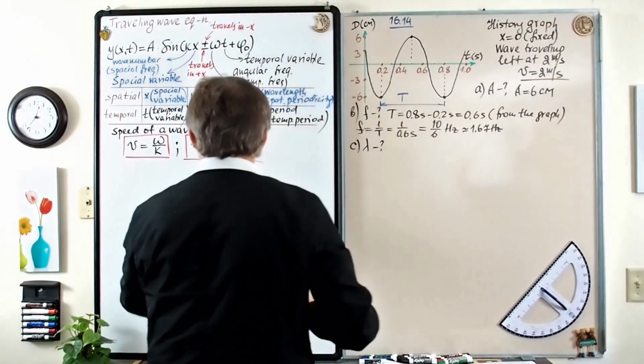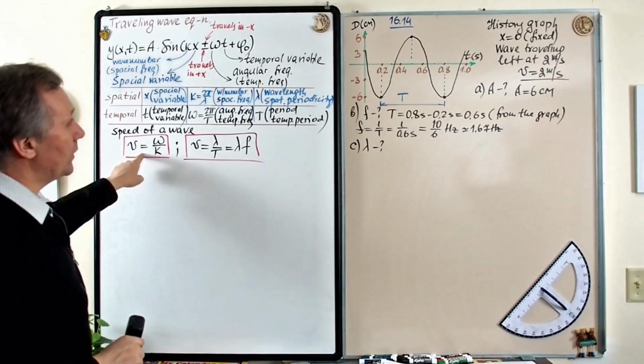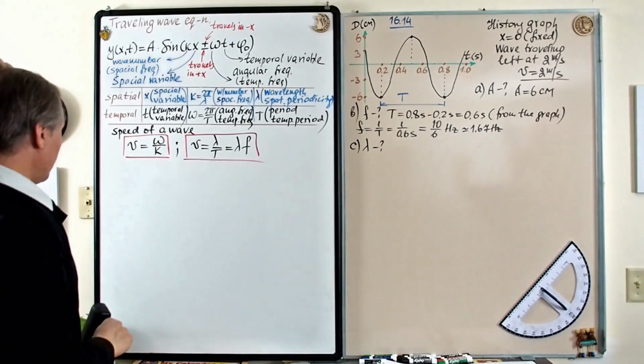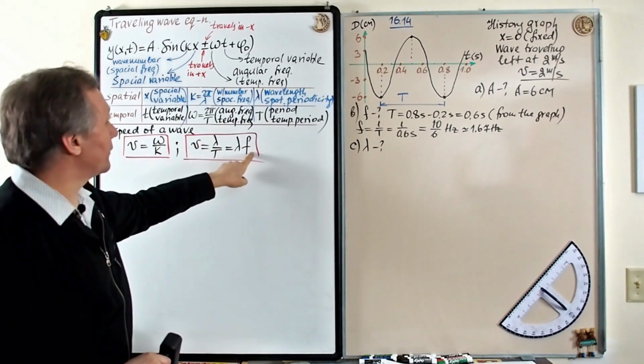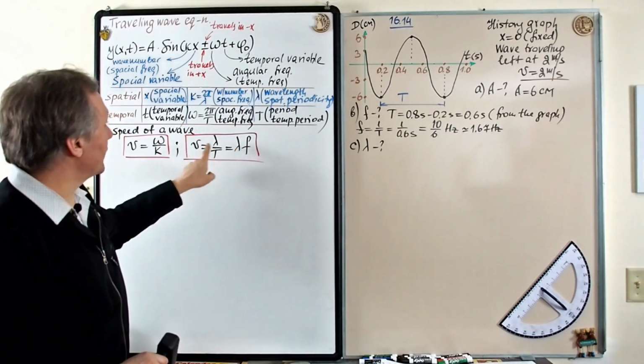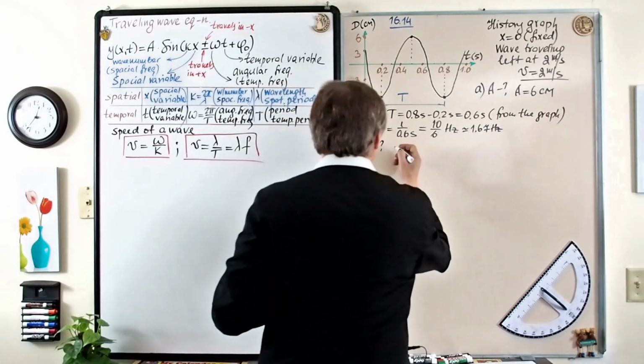Okay, so we have this way of finding V, or that way of finding V. Since we found frequency, we need to find lambda, and V is given, so let's use this formula. I think this will be the easiest.